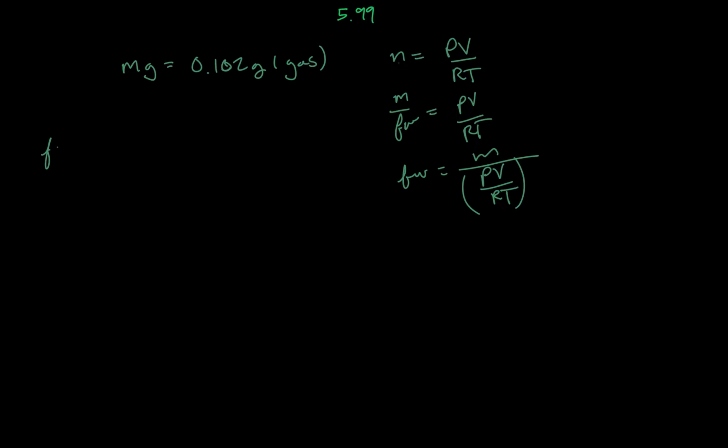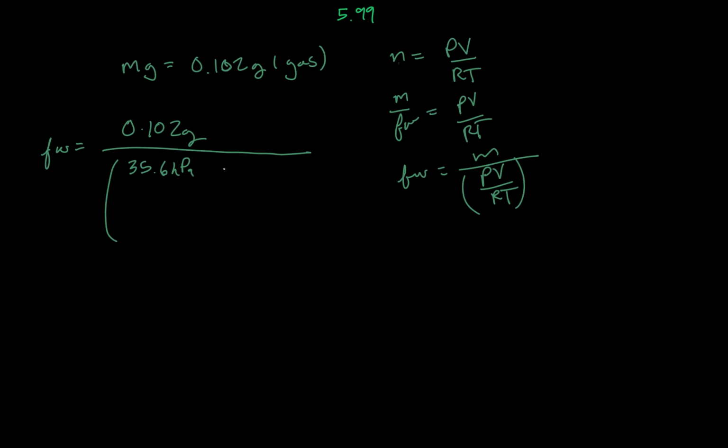So the formula weight of the mystery gas is equal to the mass, which is 0.10202 grams, divided by the pressure. It's in millibars, which I pre-converted to 35.6 kilopascals. So 100 kilopascals is equal to 1 bar.